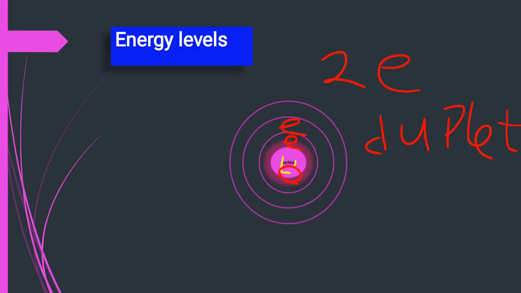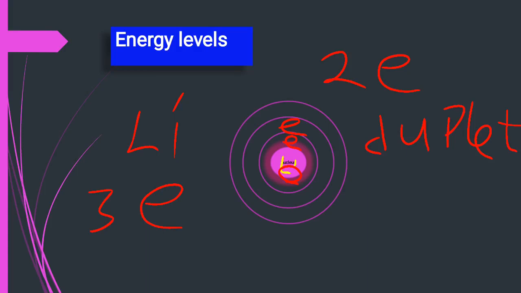So we have 1 electron, 2 electrons, and 3 electrons, and that is just for lithium.